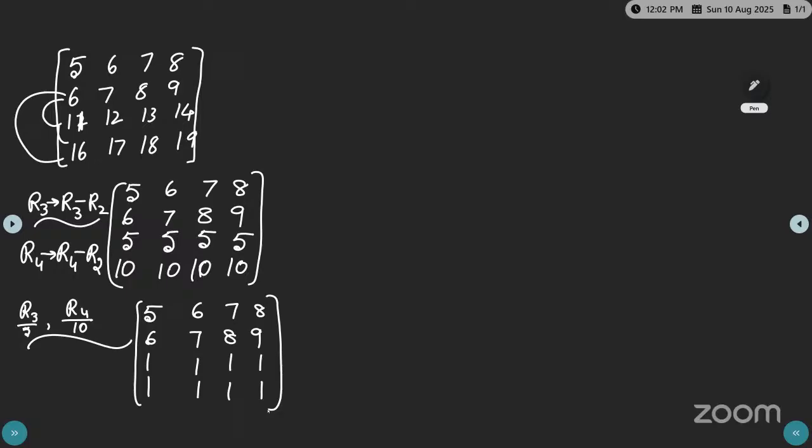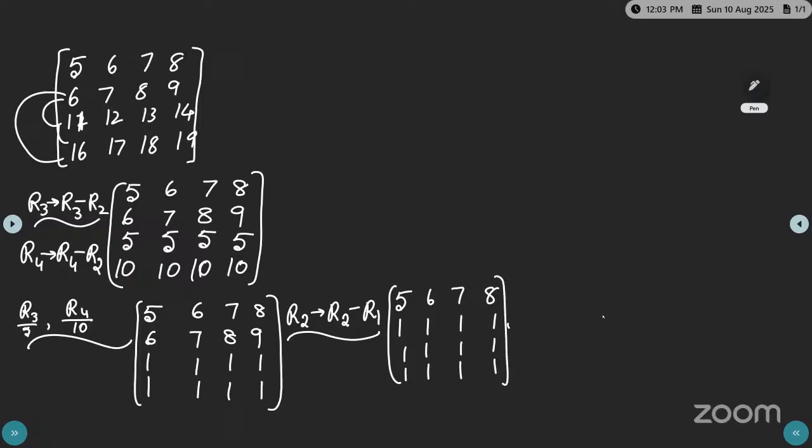Okay? Now can we reduce this also? R2 implies R2 minus R1. Now you can make these 3 rows, leaving 2 zero rows: R3 implies R3 minus R4, and R4 implies R4 minus R2.